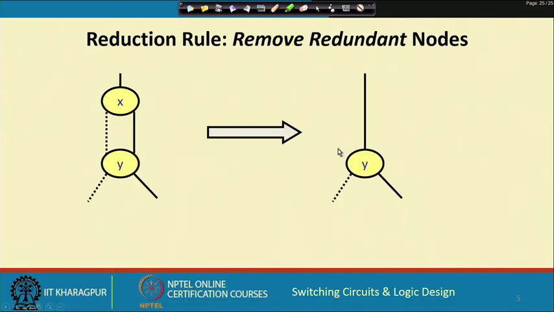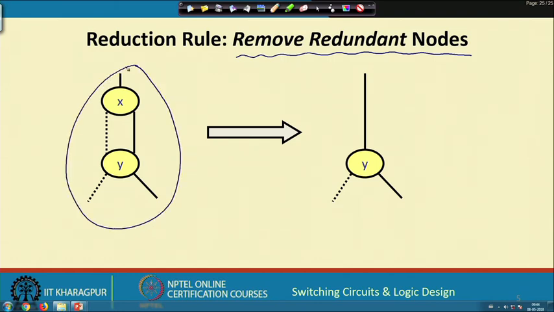The other case is to remove the redundant nodes, like I already mentioned. If you have a scenario like this, where there is a decision node labeled with x, it says if x equal to 0, you come here, if x equal to 1, come here. Now, you see this decision does not make any sense, because you are anyway coming to y in both the cases.